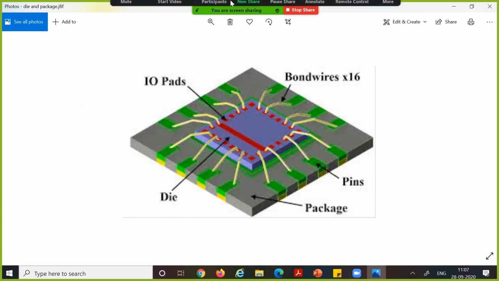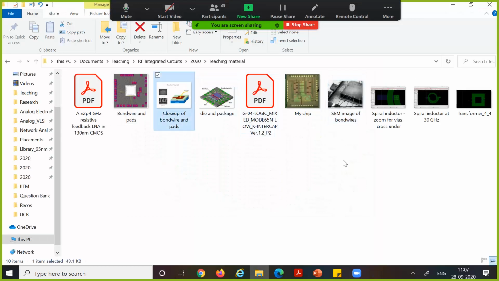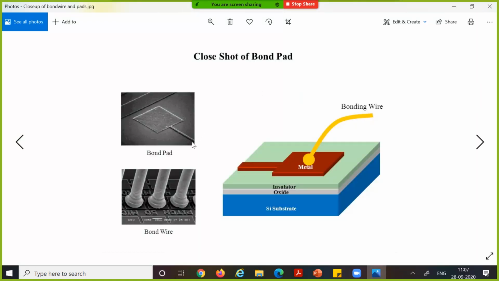Now, let's look at this particular image. You can see this is how it is. This is one bond wire and one pad, which is zoomed in. This particular part, this metal part, insulator oxide, silicon substrate, is all part of the die or the chip. Now you have a metal pad like this.